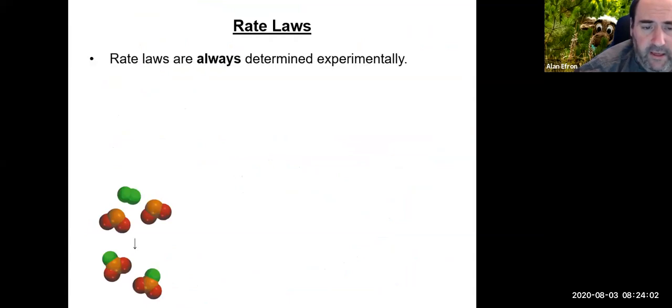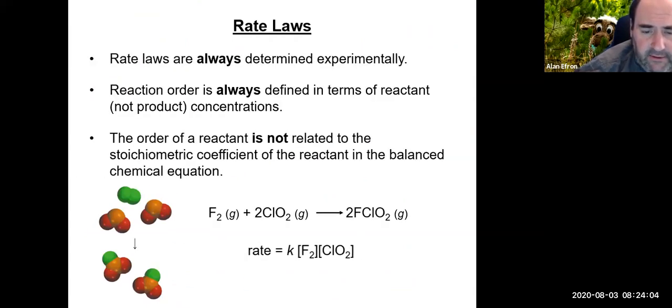All right, so with rate laws, as we've seen, a couple of important notes in terms of calculating them. We are always going to be determining these experimentally. So on these problems, you'll always have some type of table given to you with very similar information in there, and you have to do some calculations to figure it out.